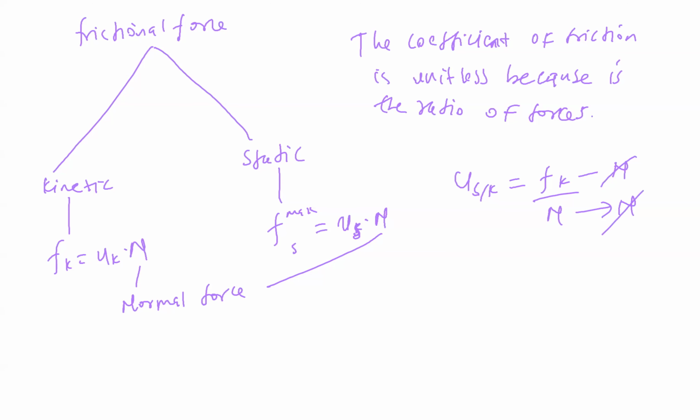We end up having no units. So it's unitless. And this thing ranges between 0 and 1. If you are asked to calculate this and you don't get the answer between this, then you are incorrect.